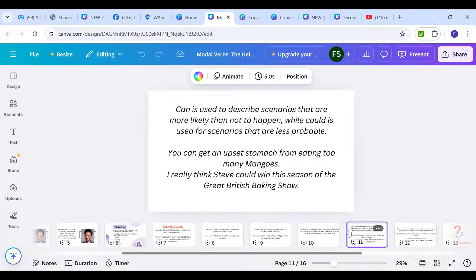You're talking about something that is likely to happen or not to happen. I really think Steve could win the season of the Great British Baking Show. So can and could are used for two main things. One, to express abilities, and the other is to talk about things that are likely to happen.